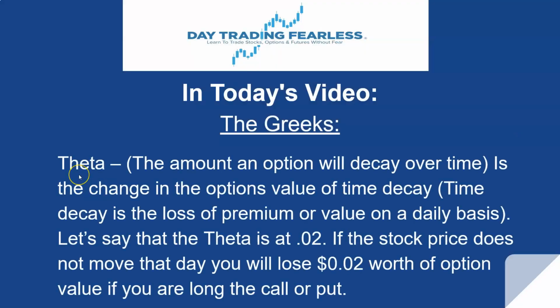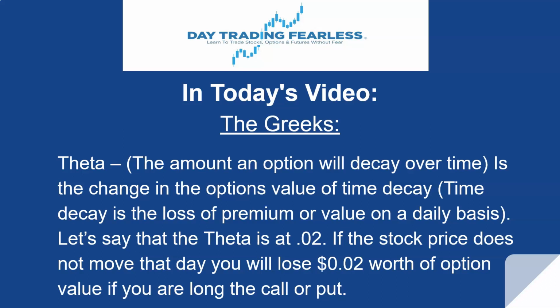Next, we have theta. This is the second most important one that you should really know. Theta, the amount an option will decay over time, is the change in the option's value from time decay. Time decay is the loss of premium or value on a daily basis.